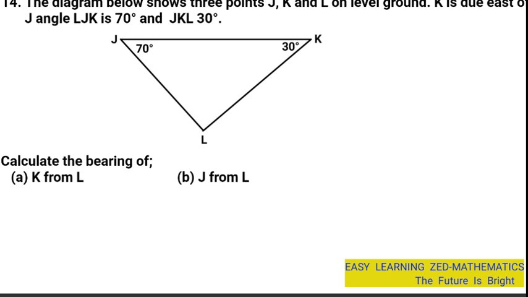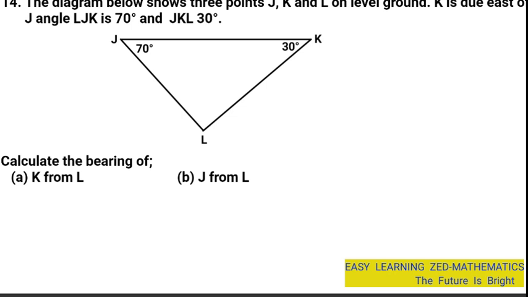That is the diagram below. As you can see, a triangle is drawn, with the angle of 70 degrees and the angle of 30 degrees, and one angle not given. Question 14A is: calculate the bearing of A, K from L, B, J from L.